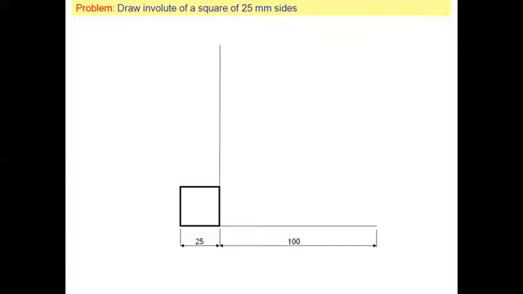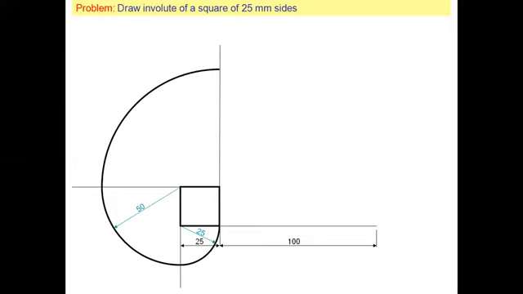Then draw the extension line of every side. Then draw the arcs: the first radius is 25 into 1, next is 25 into 2, which is 50, next 25 into 3 is 75, and 25 into 4 is 100. Then complete the involute of the square.